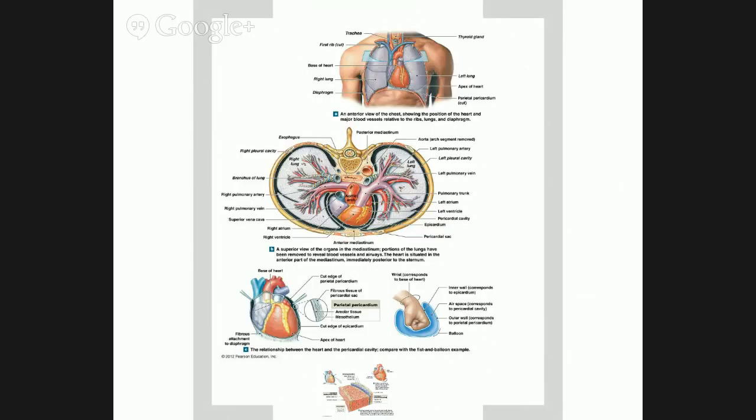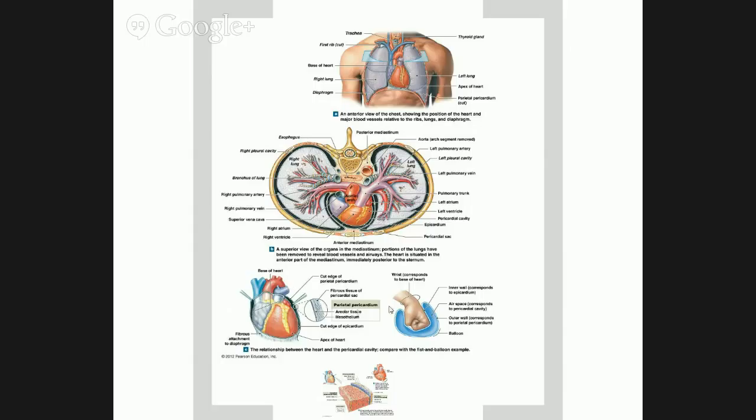And these pictures are just getting at what we see there. So at the top, there's the heart. And so the mediastinum is the area between the two lungs. And then in this cross-section through the thoracic cavity, you can see the position of the heart relative to the lungs and the other structures that we would find within the mediastinum there.